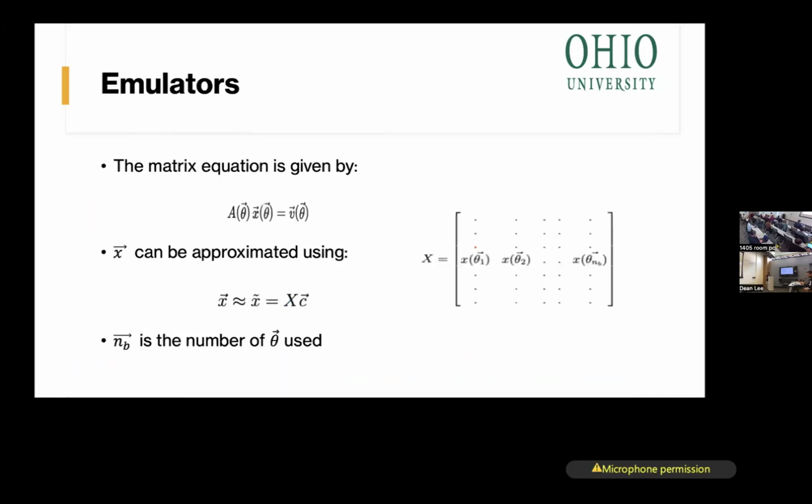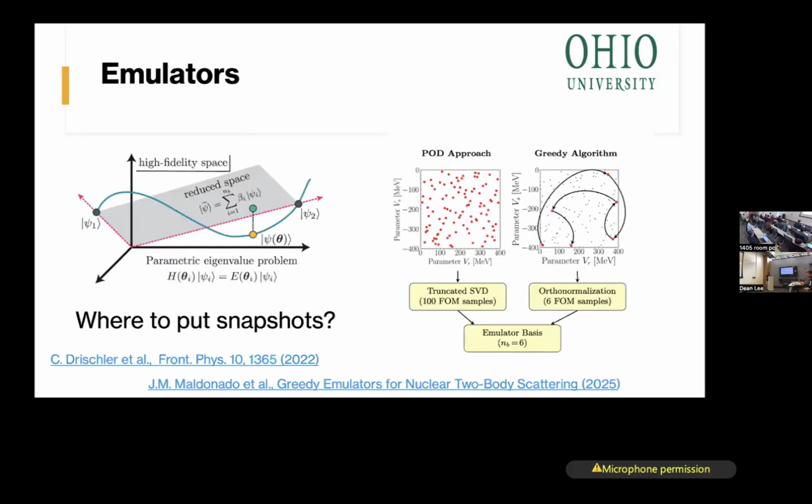This was just to illustrate more mathematically how you build the emulator, this X matrix. In the full order model, you have your psi in higher dimensional space. In the reduced order model, your psi is projected into this reduced space.